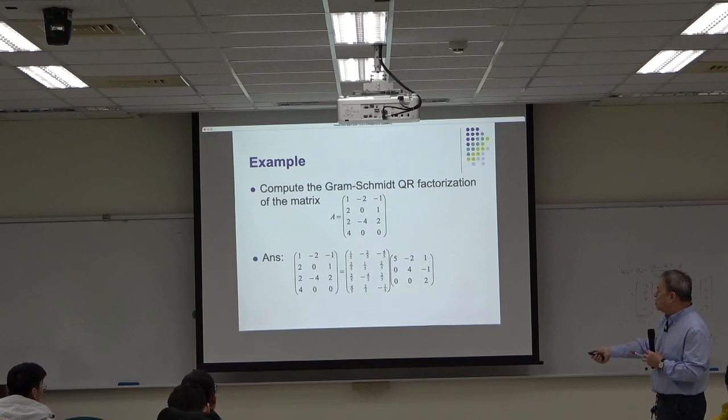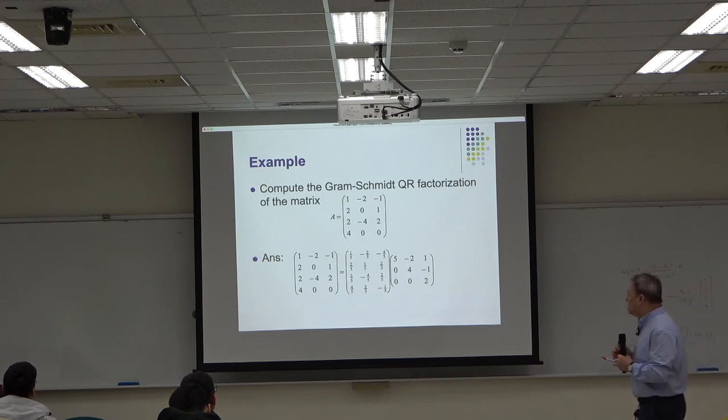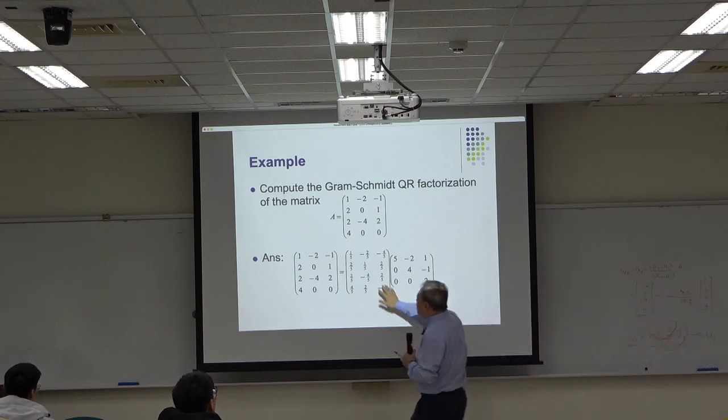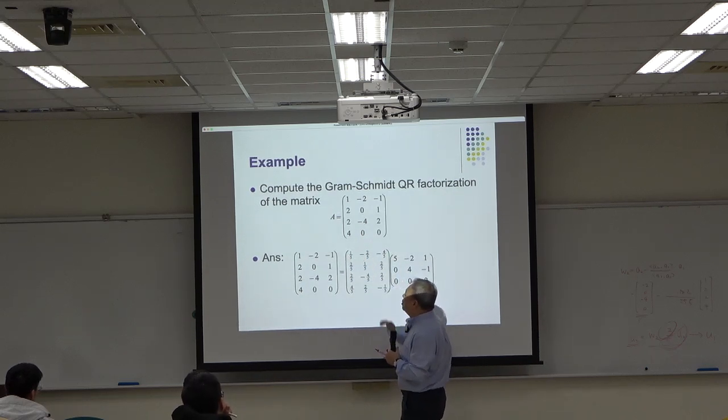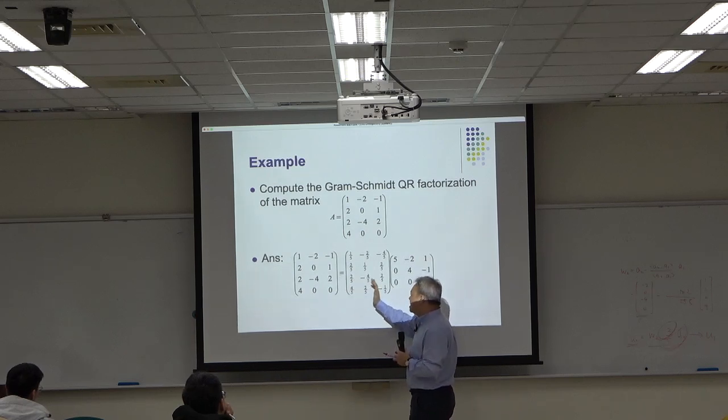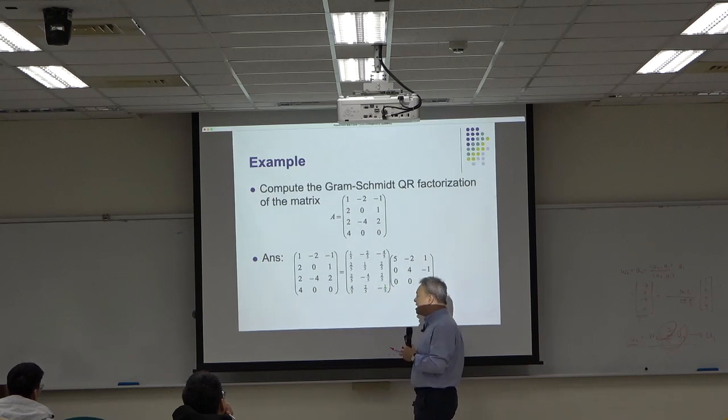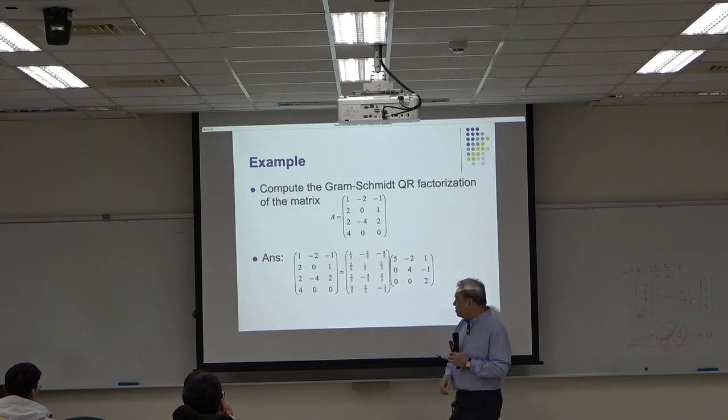You can keep doing that for the third column vector to get the whole result. Each column vector will have unit length, and they are orthogonal, so they form an orthonormal basis.